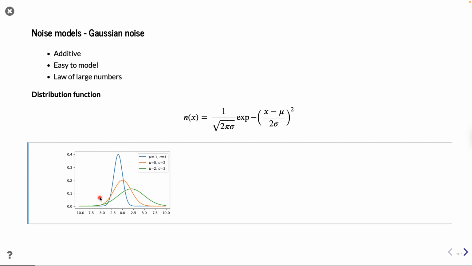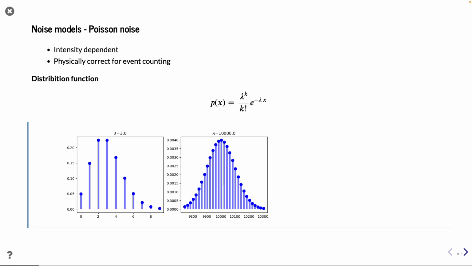And looking at the noise models, the most common one that you see in image processing and signal processing literature is the Gaussian noise. It is a good approximation for most types of noise that you see. It's very easy to model, it's easy to handle, and thanks to the law of large numbers, everything at some point converges to the Gaussian noise.